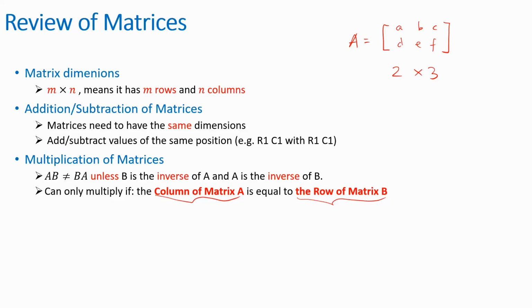So the column of matrix A, which is 3, has to equal the row of matrix B. So whatever my matrix B is, it has to be 3 to begin with. If it's not 3, you can't multiply that. So for the column of matrix A multiplied by B, regardless, these two have to be the same. So let's say it could be 1.